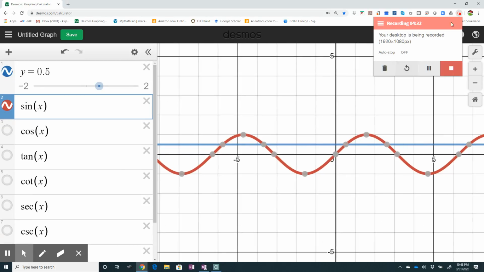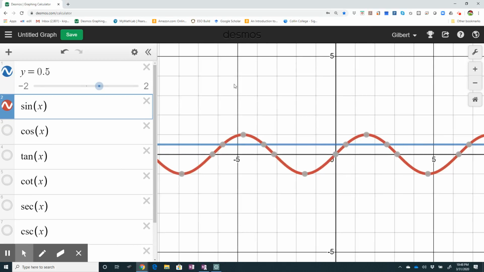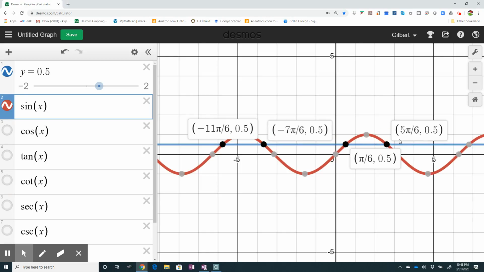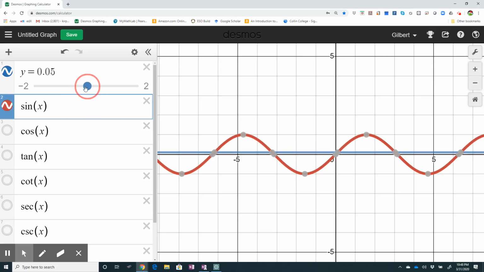But let me minimize that. There we go. But notice that here's a horizontal line. The blue line's horizontal. Notice that sine fails the horizontal line test. It crosses this horizontal line an infinite number of times. Okay? So anywhere around here, it fails.